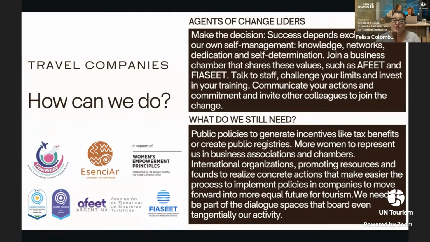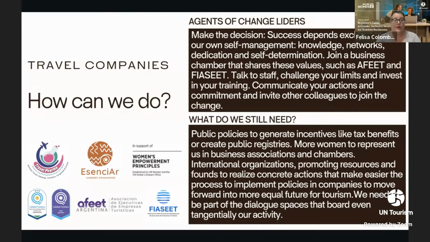Also, international organizations can play a pivotal role by promoting resources and funding to business chambers, helping to implement real policies that will create a more equitable future for tourism.